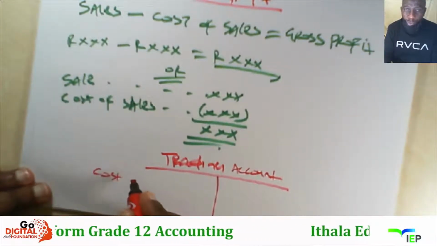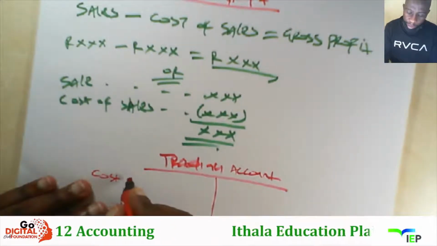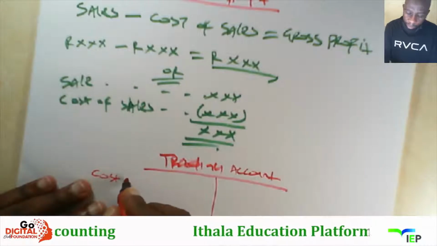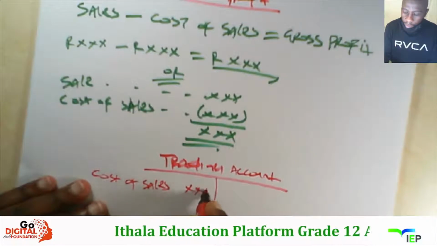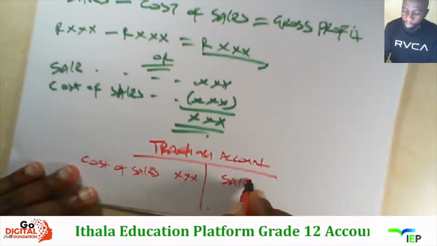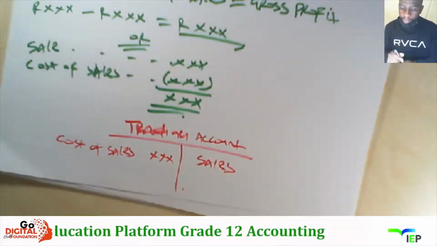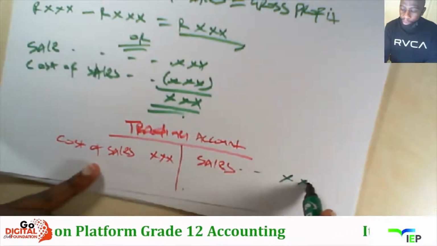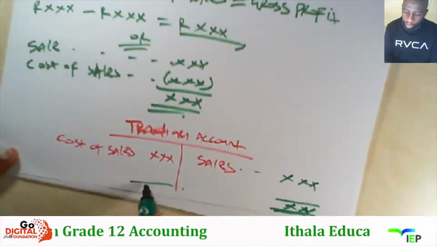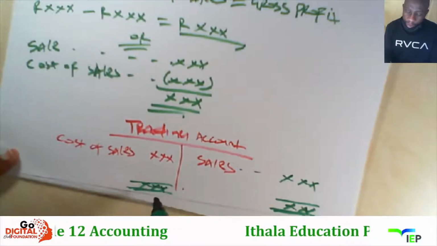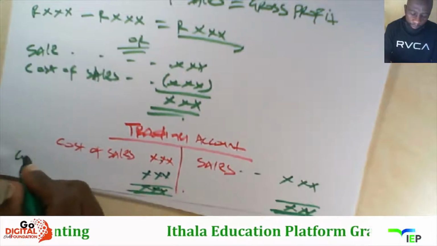Why cost of sales on the debit side? Cost of sales is an expense, so it's having a plus on the debit side. You record the figure, and then the sales. Why are the sales on the credit side? It's an income, increasing on the credit side. Then you balance with the sales figure, assuming that the sales is bigger. Balance, you're saying this one minus this, you get gross profit.